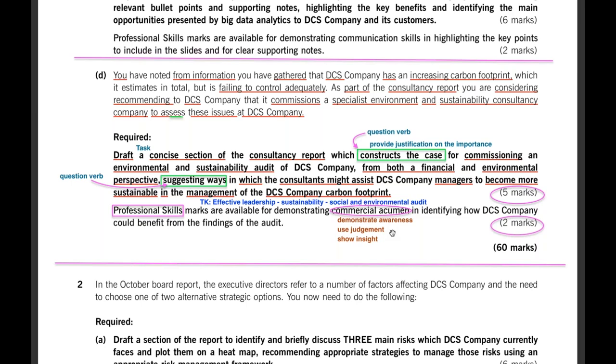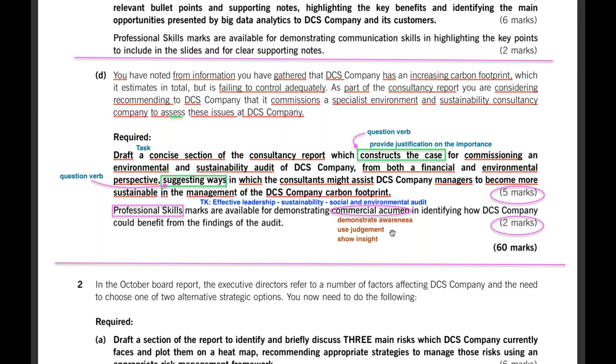You need to relate how important it is for DCS to manage this carbon footprint. For the business, for DCS, why is it crucial?